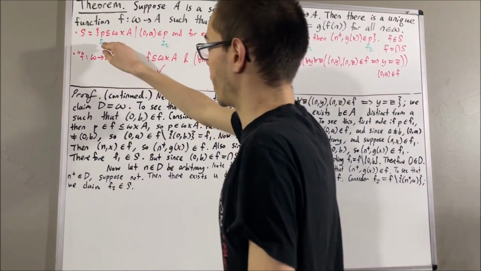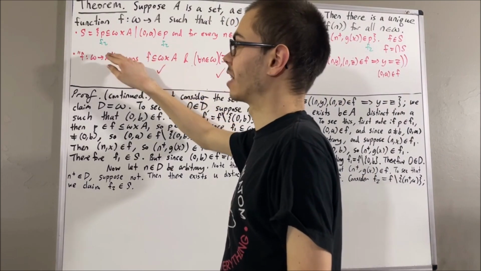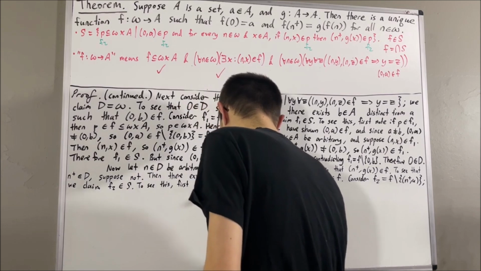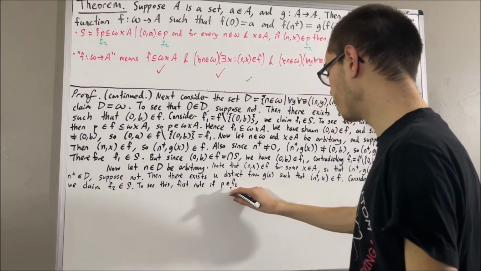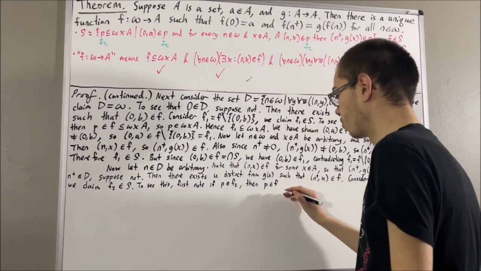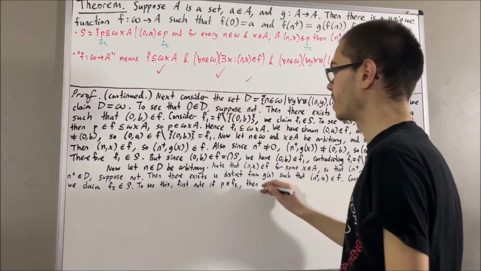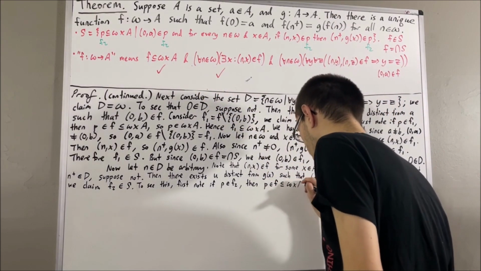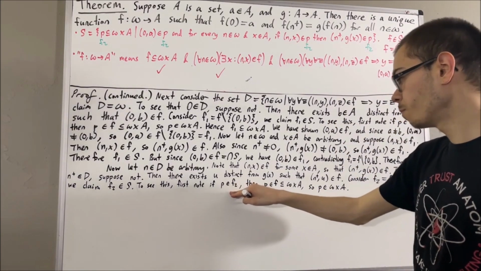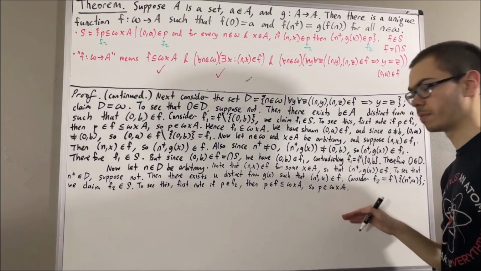And so let's first show that F2 is a subset of omega times A. Well, to do that, if we consider an arbitrary element P in F2, well, since P is an element of F2, we know that P is an element of F. And since F is a subset of omega times A, that implies P is an element of omega times A. So this shows that any element of F2 will also be an element of omega times A, and therefore F2 is a subset of omega times A.